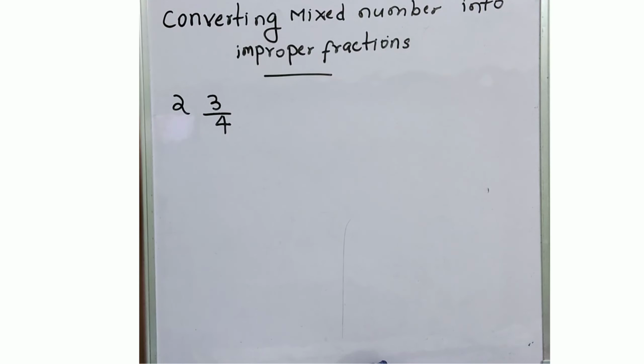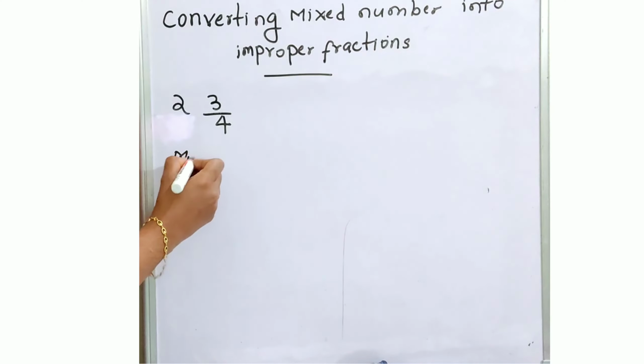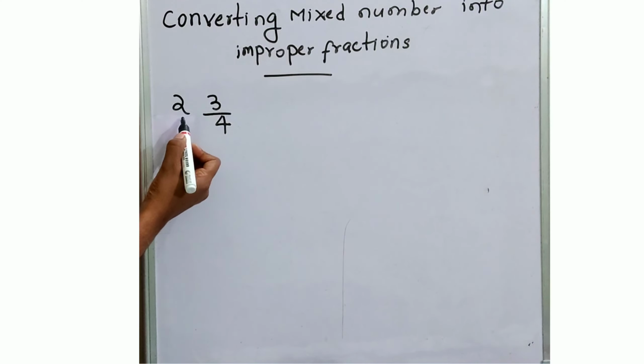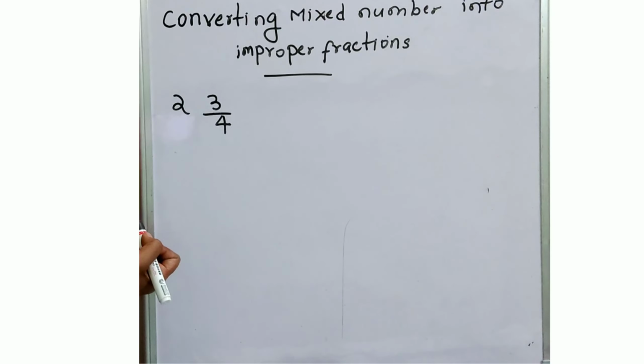For that, what you have to do first? The first step is that you have to multiply the whole number with the denominator.